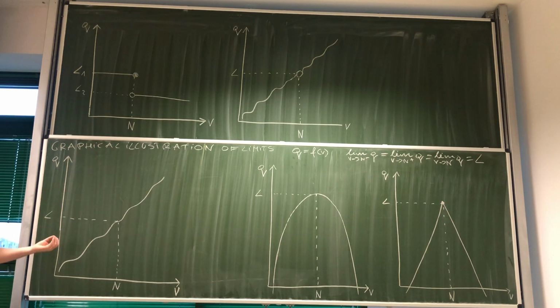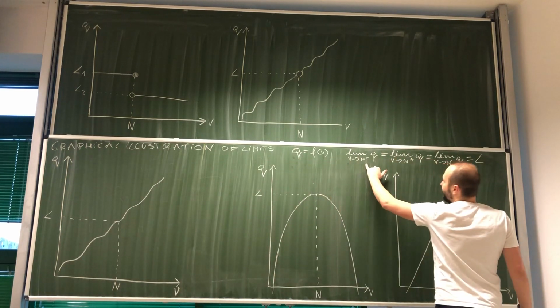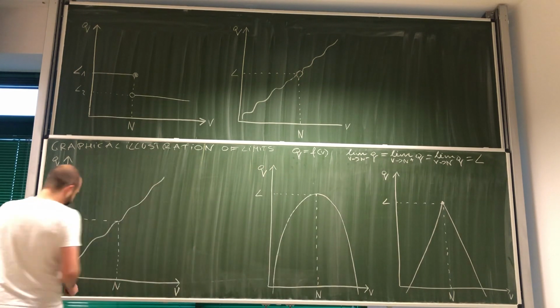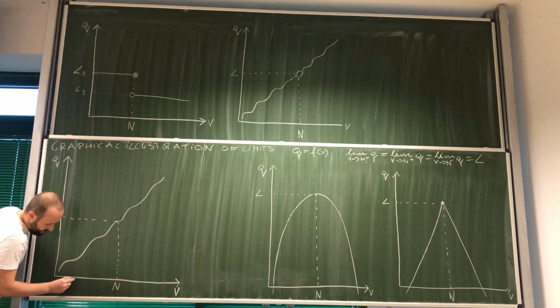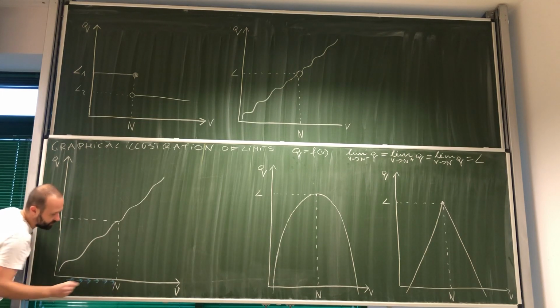Look, if we are approaching n from the left-hand side, this means that we are considering values that are lower than n, but they are getting closer and closer to n.